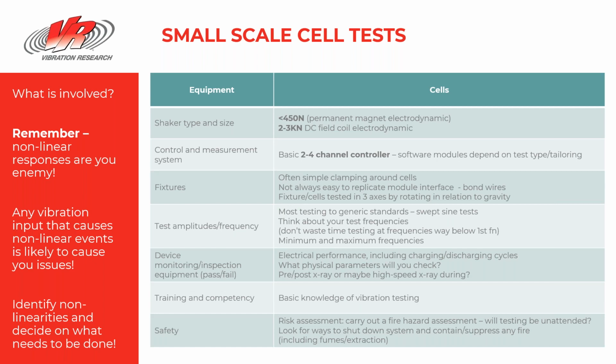Generally, you're only looking at a 2 to 4 channel controller for these kinds of cell vibration tests, and whatever software modules you need for the type of testing you're doing. Fixturing can be quite simple, but it's not always easy to replicate the module interface, and particularly the bond wires, when you're doing cell level vibration tests.